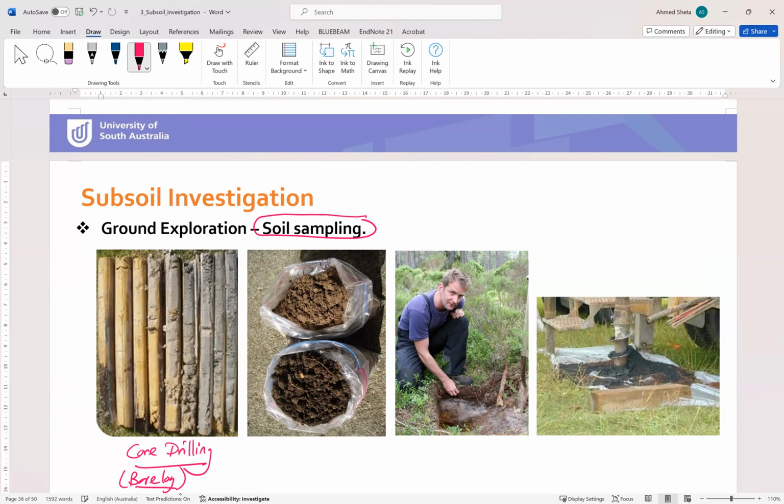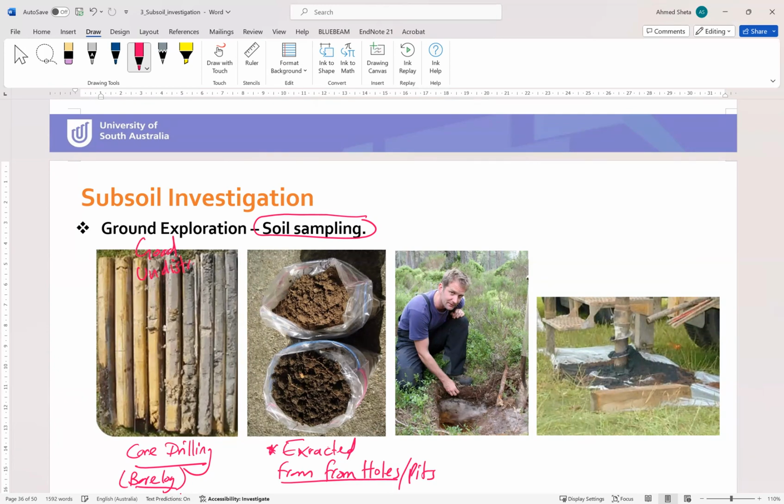And the second one is soil that may be extracted from holes or pits. These samples are good samples because they are undisturbed samples.